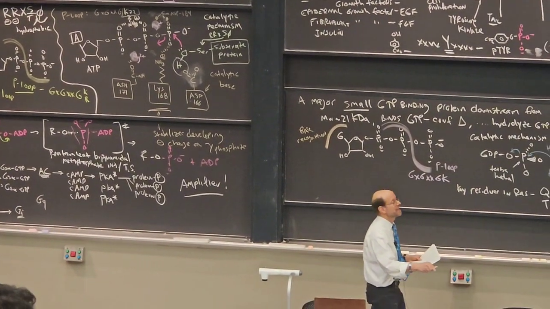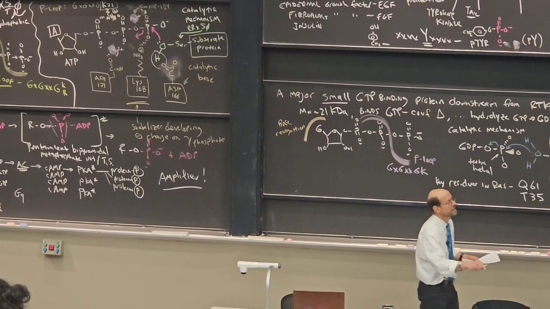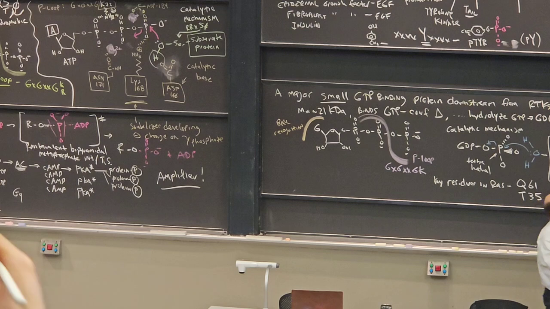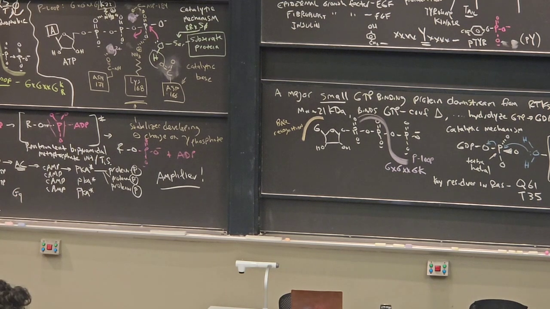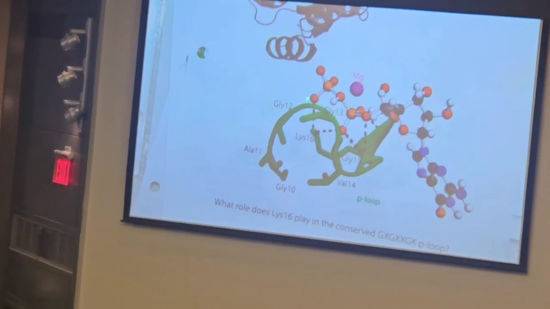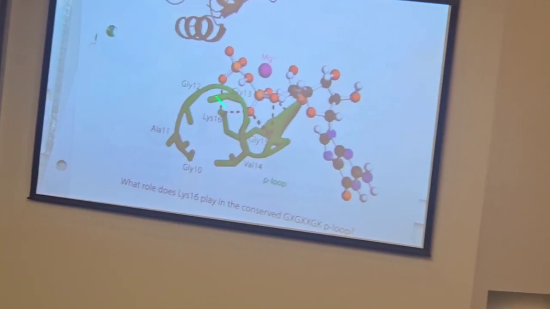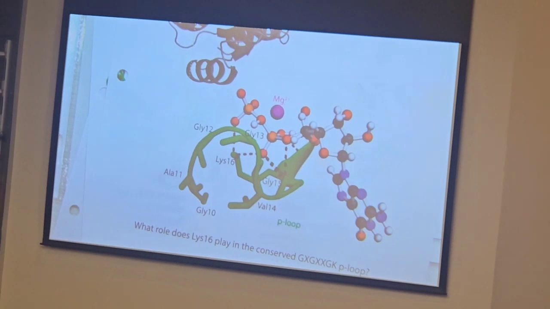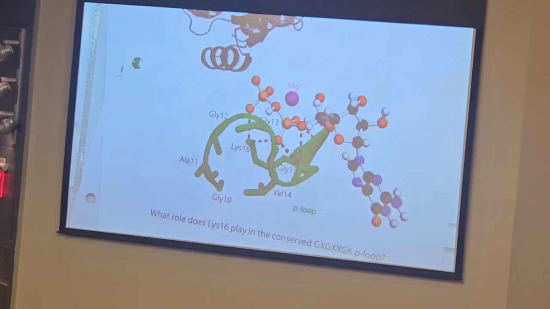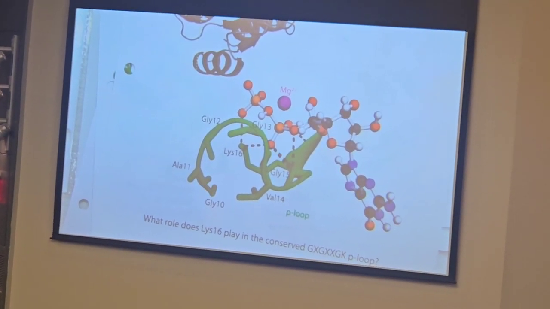Here's that GXGX. It turns out in this case it's GXGXGK. Here's the G15, here's K16. You see that lysine residue. That lysine residue is playing a pretty important role here in coordinating the magnesium and stabilizing the additional phosphate groups in GTP.